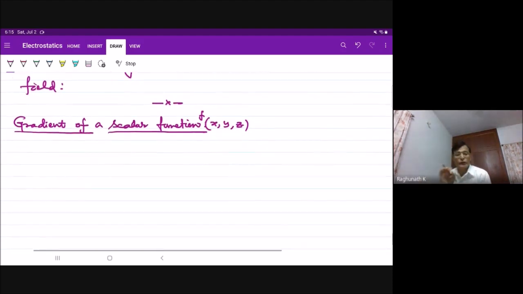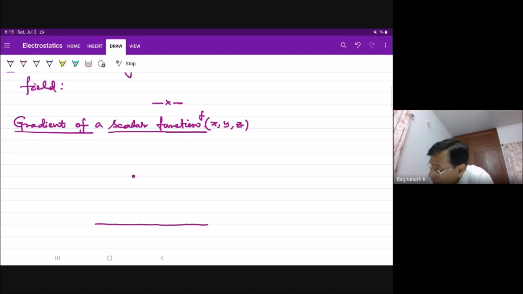In the Earth's gravitational field, we talk about the potential of an object. At any point which is at a distance h from the surface of the Earth, we say the scalar potential is mgh, assuming that it is now the z-axis, mgz. Do you agree this?